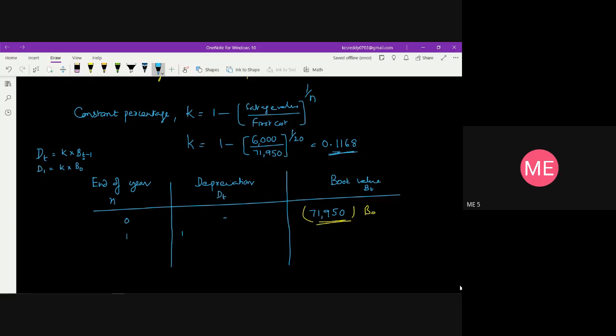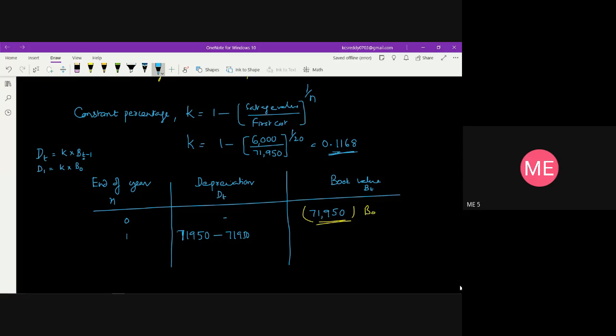So we are going to find k into B t minus 1, that is 11.68 percent of 71,950. Because we need to find the depreciation dt, it is minus the depreciation amount, what is the leftover.